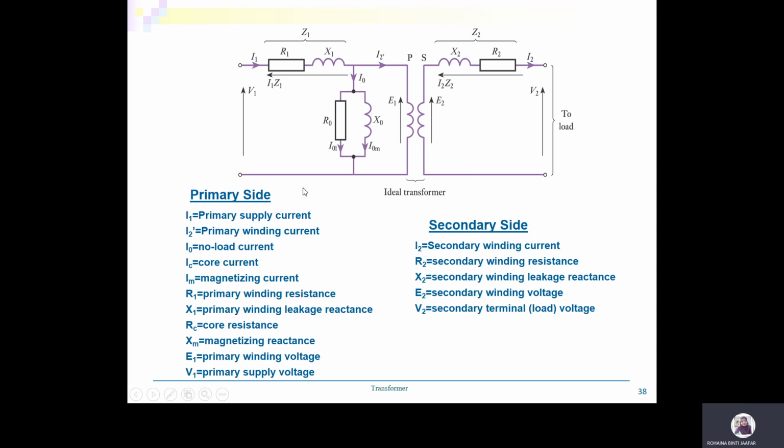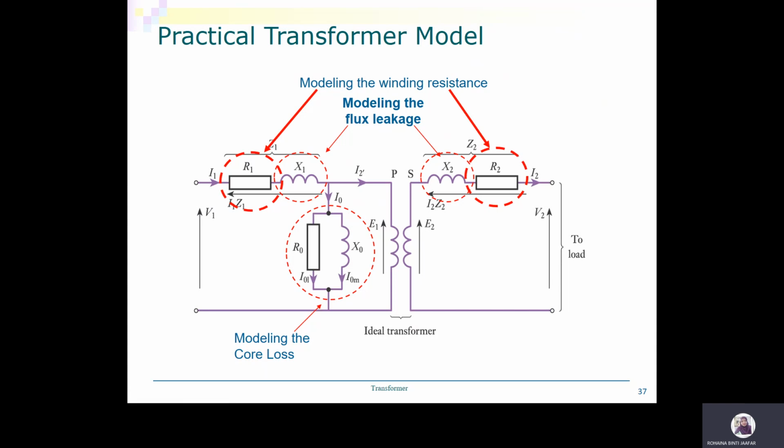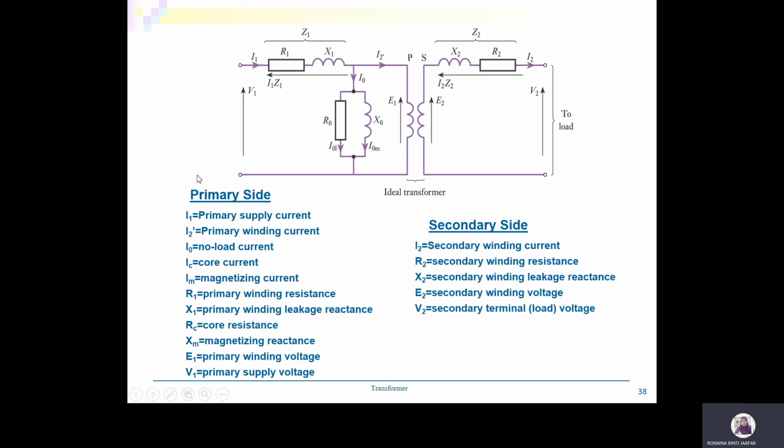These are the definitions of important parameters for the practical transformer model. You can read this by yourself, and then identify what IM, R1, X1, RC are. This is at the primary side, and this is the term at the secondary side.